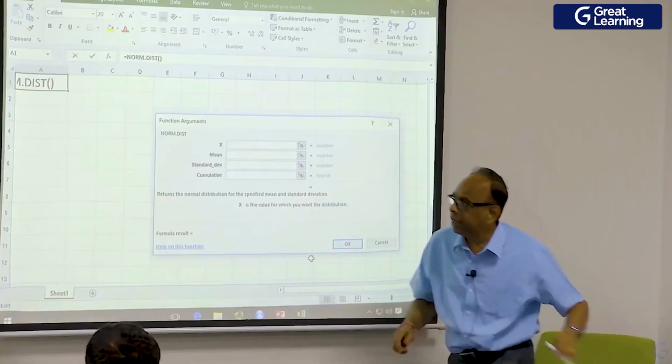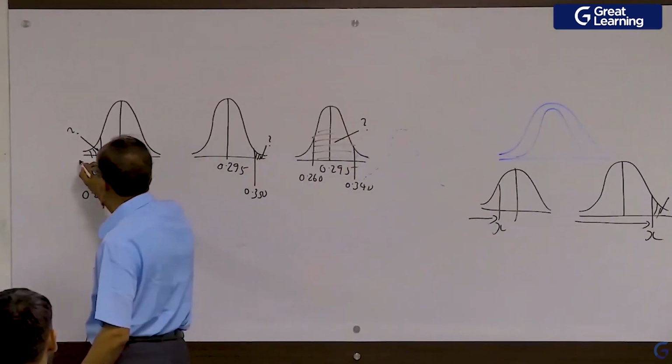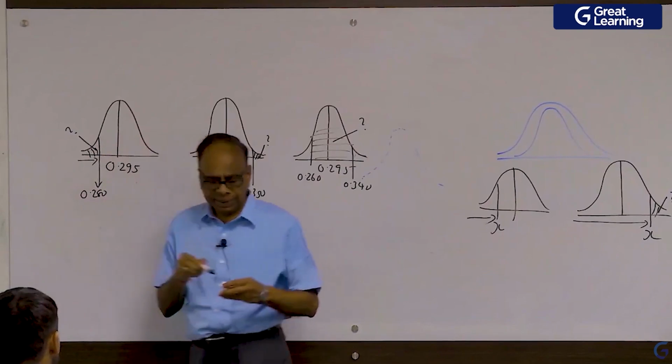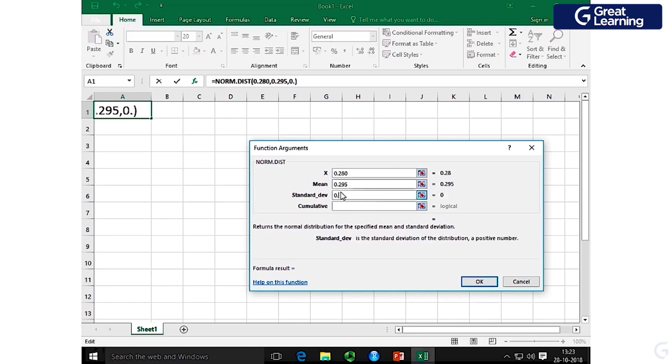Excel will directly give me the cumulative here, because it is the left of that. And therefore, what is it that I want? 0.280. Mean of the normal distribution, 0.295. Standard deviation, 0.025. Am I right? Then cumulative.